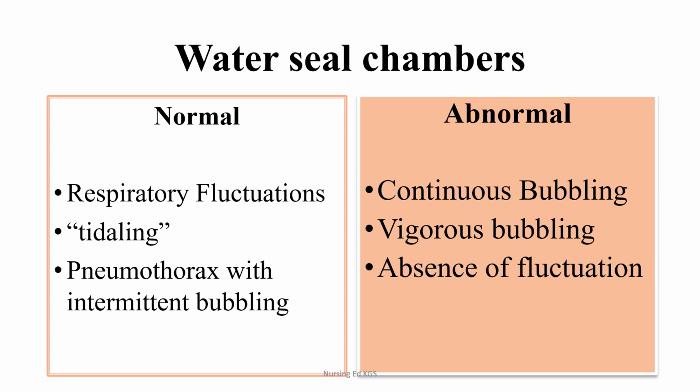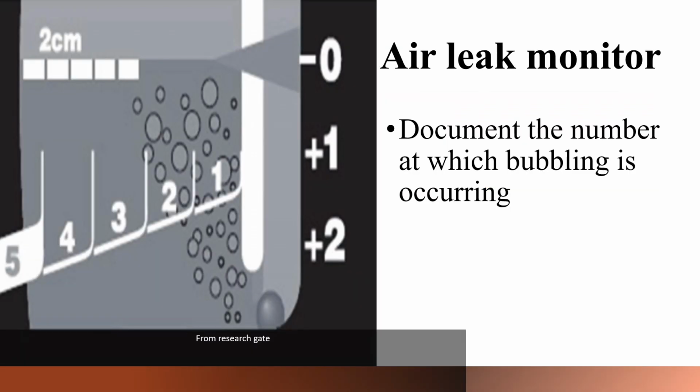There are some chest tubes which have really cool safety features, such as the air leak monitor. An air leak monitor meter is shown below, and you'll notice that it is made up of numbered columns labeled from 1 low through to 5 high.